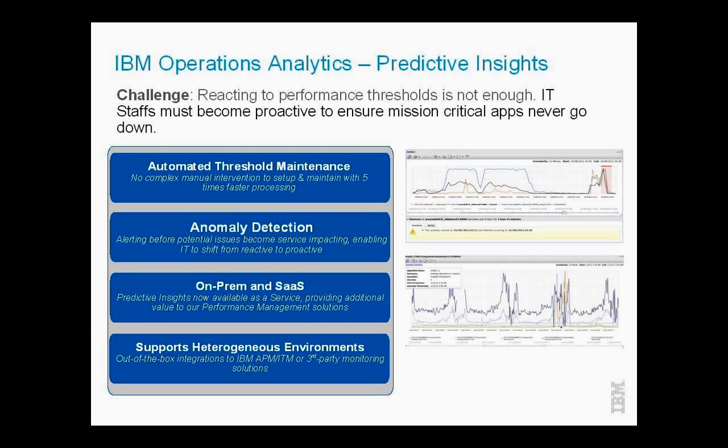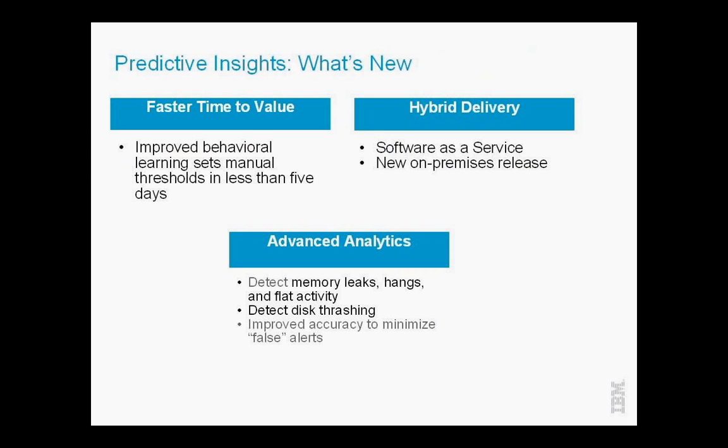So I'm going to talk to you about what's new. We just had a release in March, about a month ago. We've improved our time to value here, and just to go back to the previous question, it used to be that the answer to that question was always a flat 2 weeks to even upwards of a month.